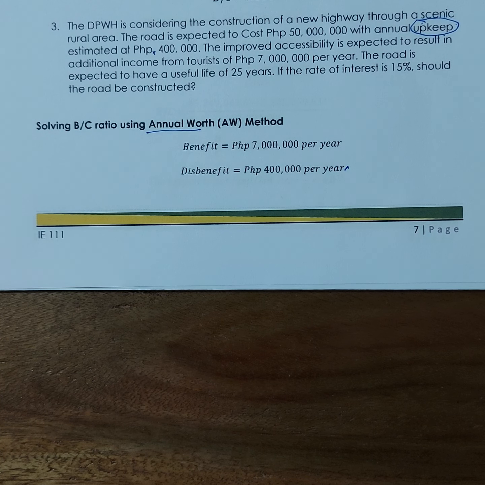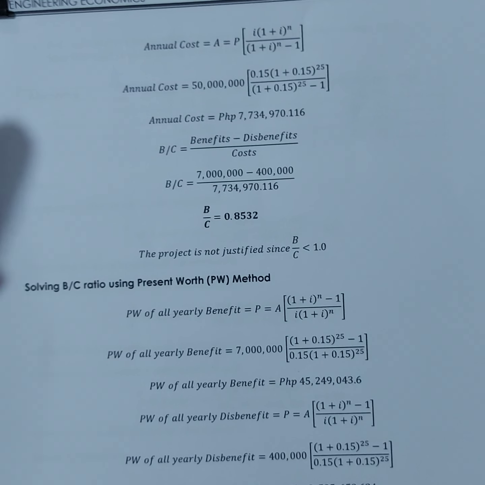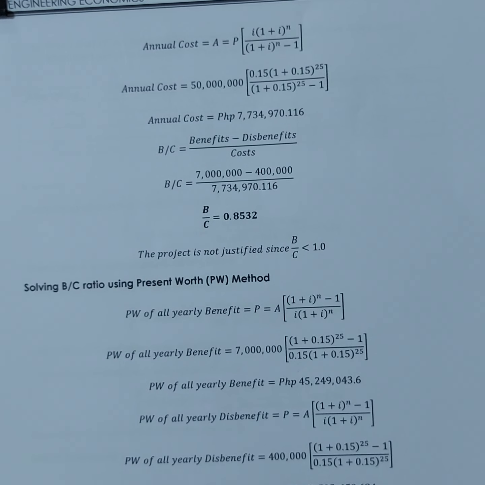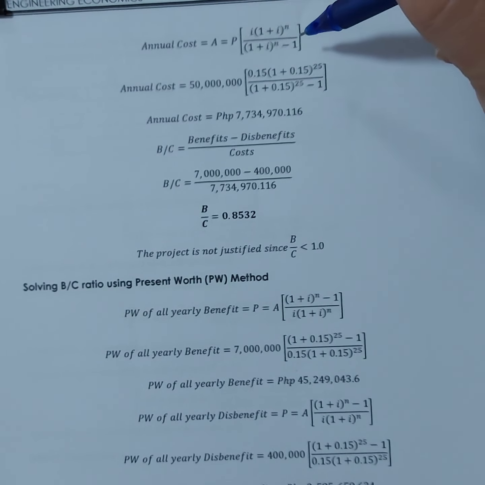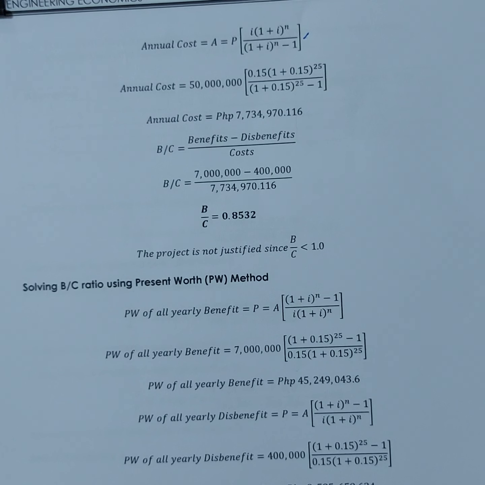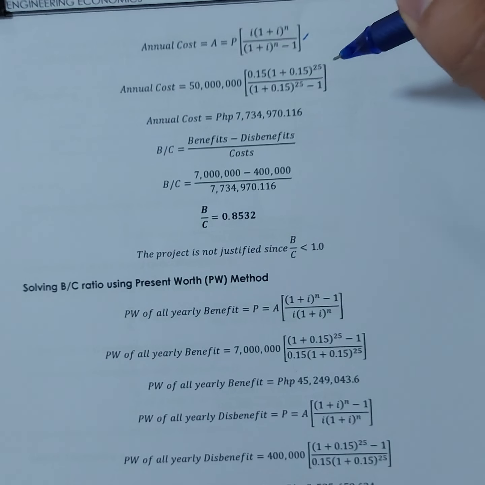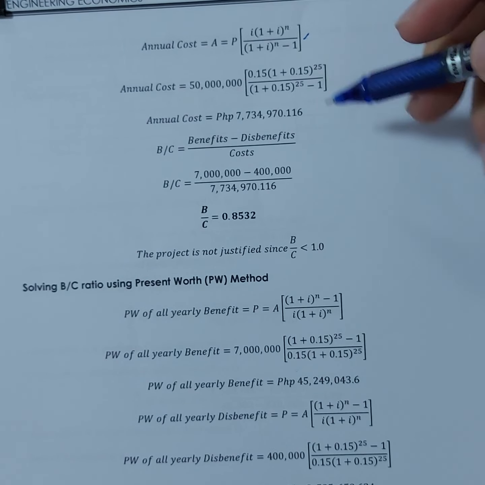Okay, so we have to solve the equivalent annuity of that 50 million pesos. So ito yung formula natin to solve for the equivalent annual annuity, the annual cost of the initial investment natin.